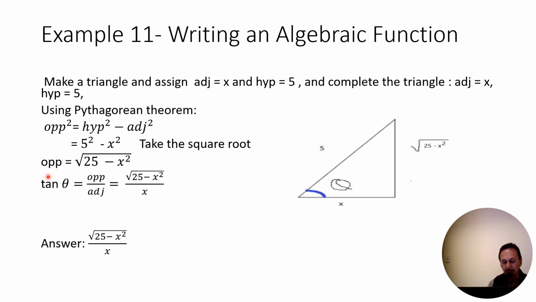Taking the square root, the opposite equals the square root of 25 minus x squared. From this triangle, we can find tangent theta, which is opposite over adjacent: the square root of 25 minus x squared over x. So that's the answer.